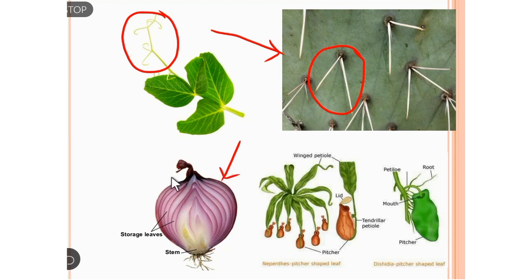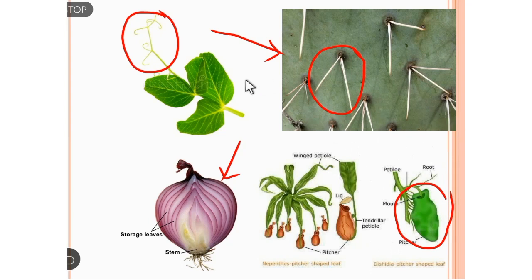In the case of onion, this storage organ is fleshy leaves. Now this is what I have mentioned last. The portion where the insects are captured is actually the leaf modification of such plants. So leaves take up extra functions like capturing of insects in insectivorous plants.